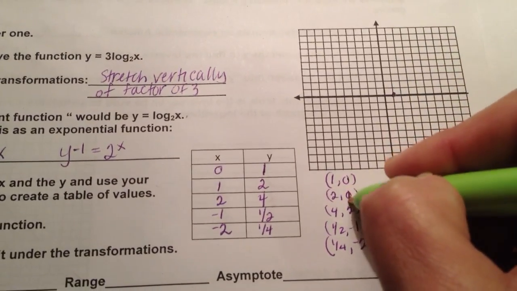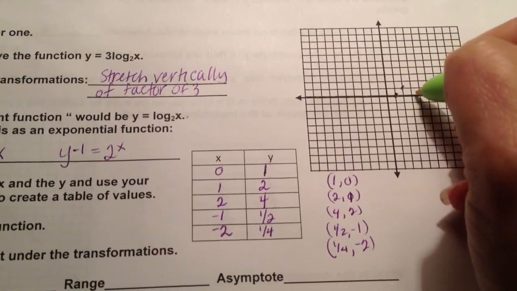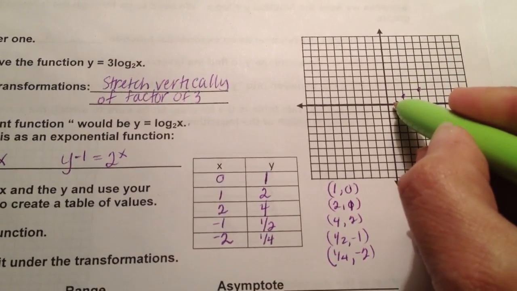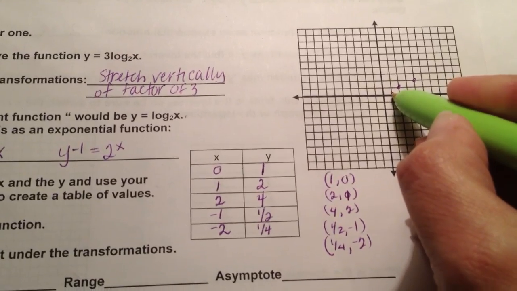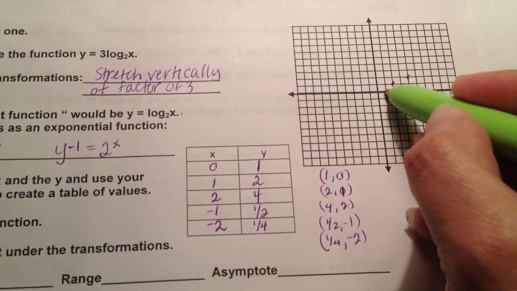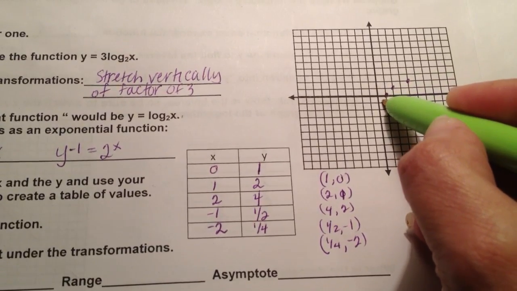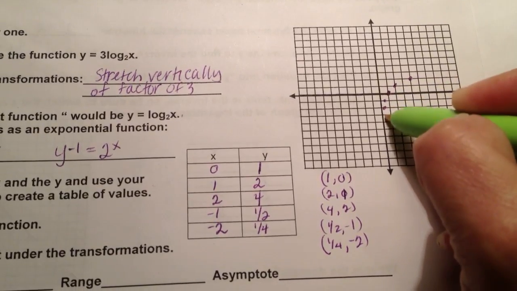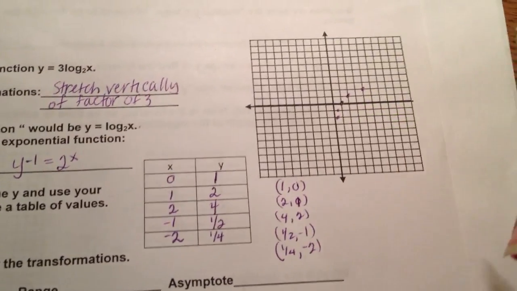Sorry, that should be 2, 1. 4, 2. Also going to find out what's happening here as I approach the asymptote. So it's 1/2, -1 and 1/4, -2. So this right here is the function without any transformation.